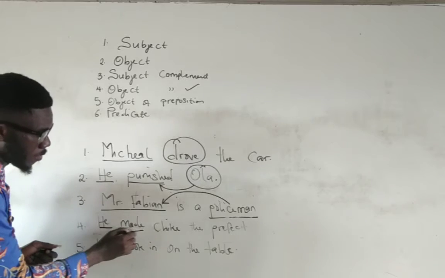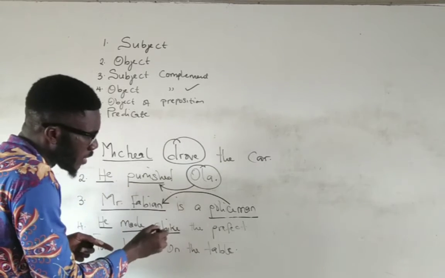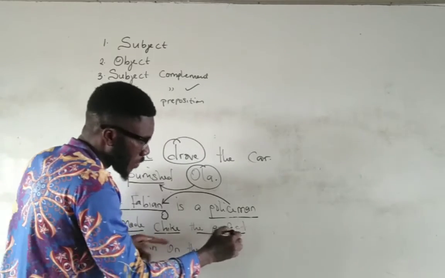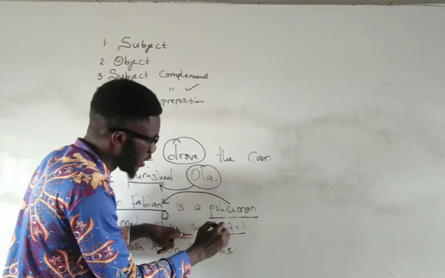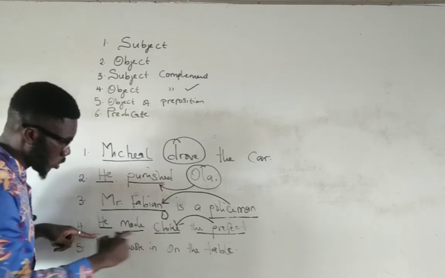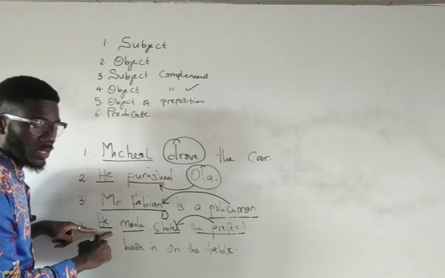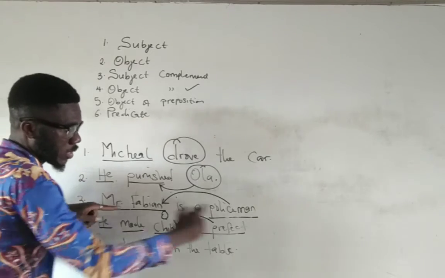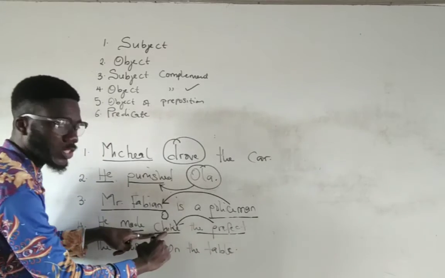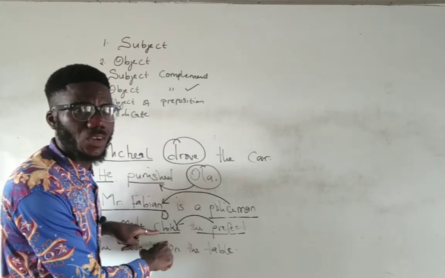He, subject, verb, he made Chike, this is the object of this sentence. He made Chike the prefect. This prefect is now talking about Chike. Am I right? This prefect is not talking about he. The prefect is talking about Chike, so it is the object complement.